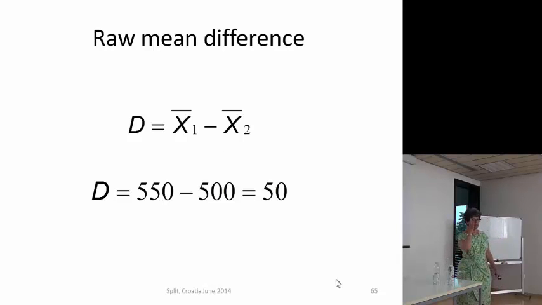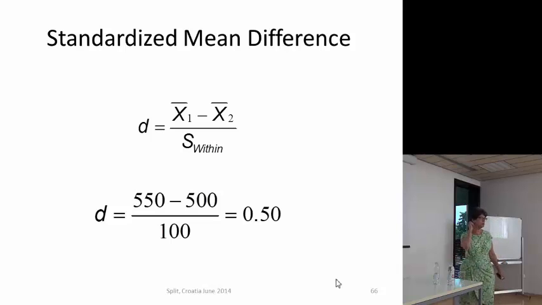Raw mean differences can only be synthesized if they all represent the same underlying scale. So, for example, if we're always looking at blood pressure, and blood pressure is measured the same way from study to study, then we could use a raw mean difference. However, in most cases, people will have used different scales of measurement, or they're concerned that there might be different degrees of variability across the studies.